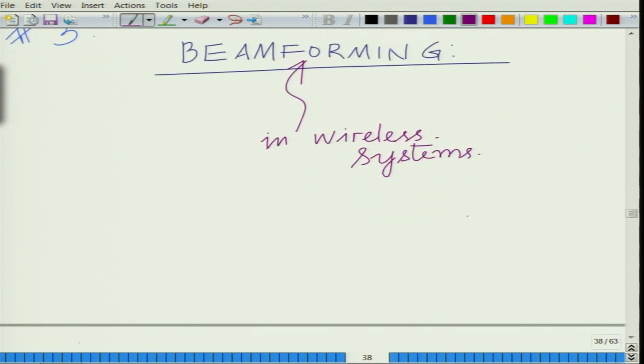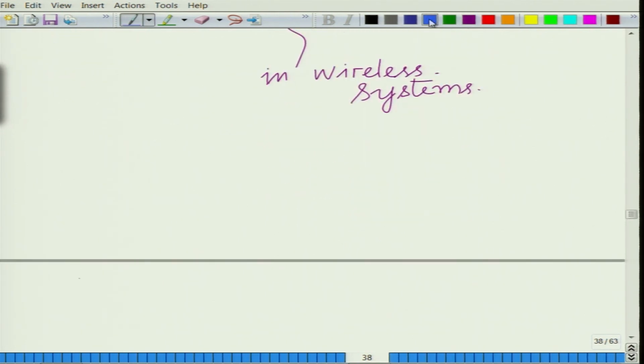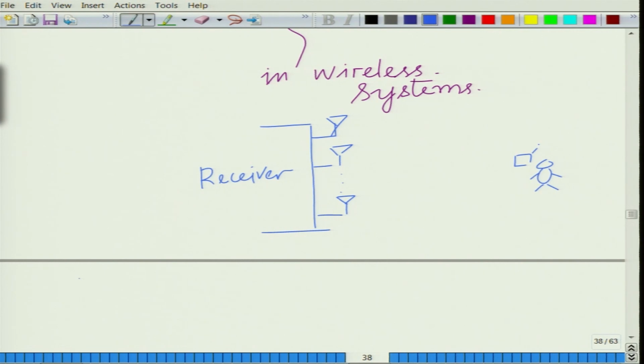So, what is beam forming? What we mean by this is, when you have the receiver in a communication system, and we have multiple antennas at the receiver, and a user who has, let us say, a cell phone.